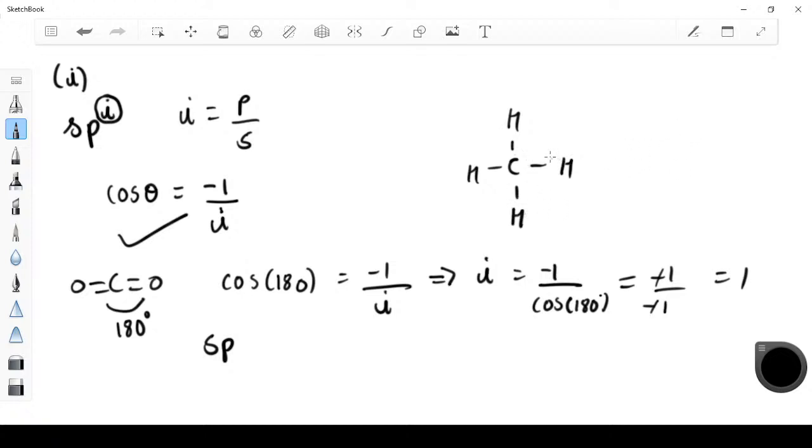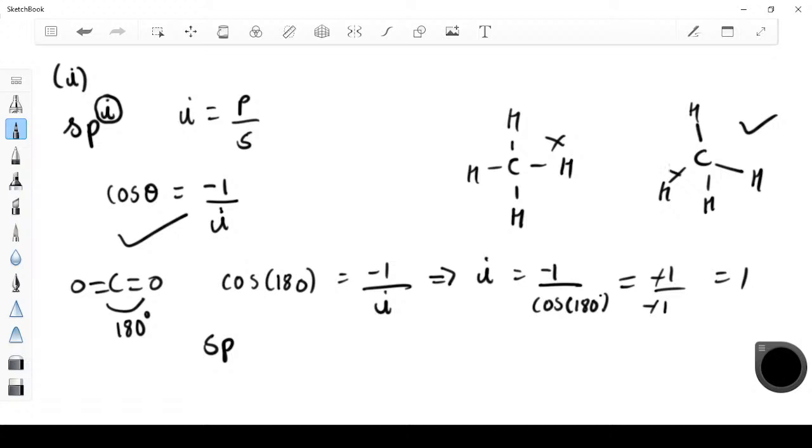So don't draw this like that, draw it like this. A much more accurate representation. So to find out the hybridization, all you have to do is count the sigma bonds and the lone pairs.